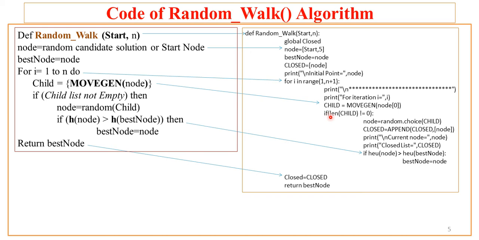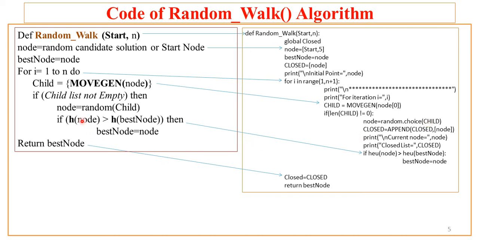So if the length of the child list is not 0, that means child is not empty, which is checked here using the length function. And a random node is selected from the child using the random library of Python and the choice function from that library. The choice function returns a random node from the given list, which in our case is the child list.